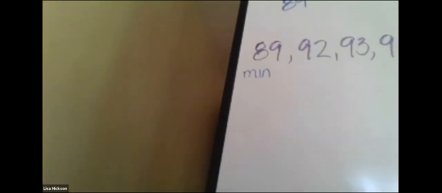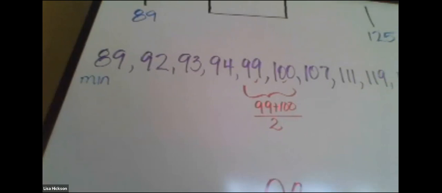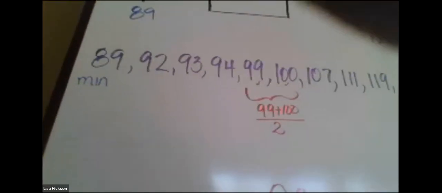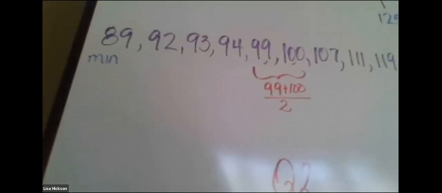So this is your Q2. So what is 99 plus 100? 199. Divided by 2.